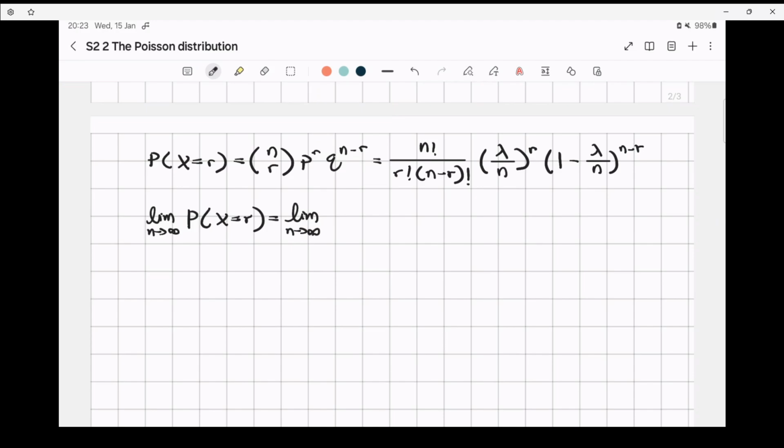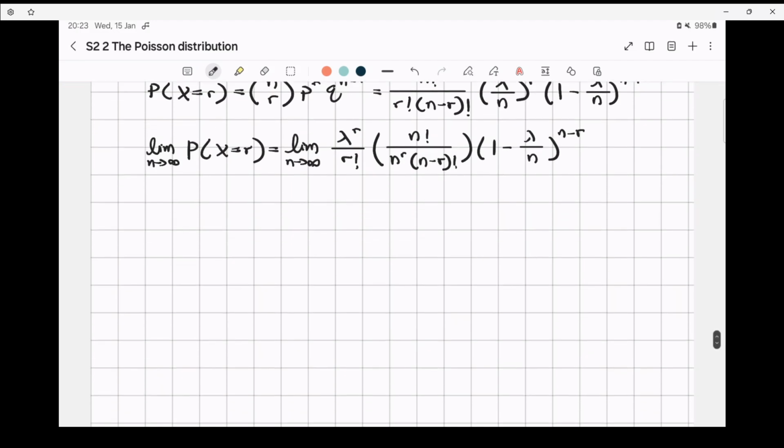So you have lambda to the power of r divided by r factorial. So I'm just moving things around. And then you have the factorial part, which is n factorial divided by n power r and n minus r factorial. Then you have 1 minus lambda divided by n, to the power n minus r, for example. Okay.